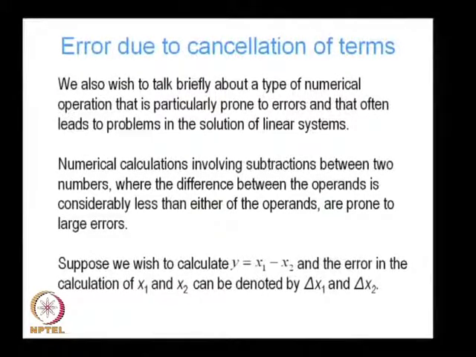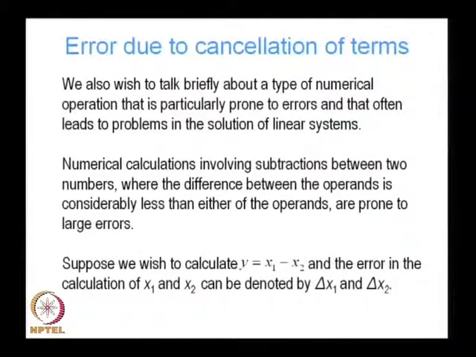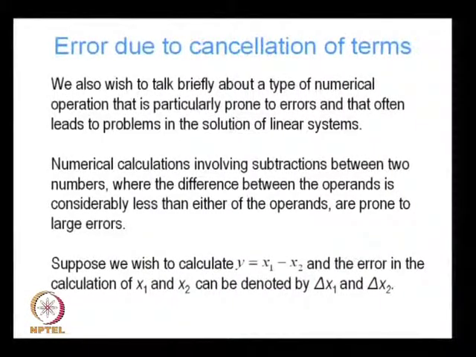Suppose we wish to calculate y is equal to x1 minus x2, and the errors in the calculation of x1 and x2 can be denoted by delta x1 and delta x2. That is, x1 and x2 are my independent variables, and I know the errors in x1 and x2, which are given by delta x1 and delta x2.